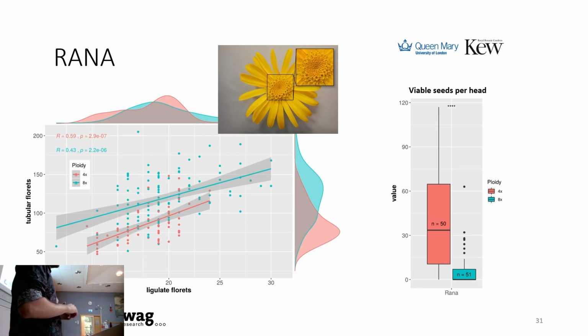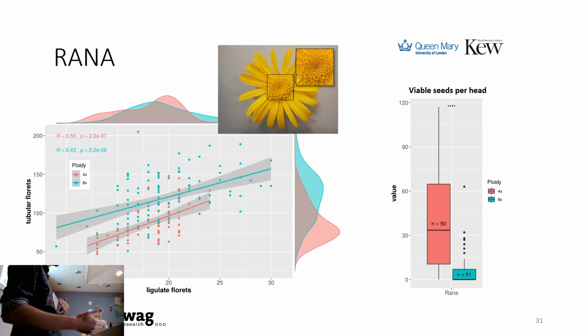A little bit more about this plant is that they differ in a few other things, like the proportion of tubular flowers, this one in the center, which are the reproductive parts of the flower, and the ligulate flowers, the long ones on the outside. These only serve a vexillary function to attract the pollinator, but they're actually sterile.